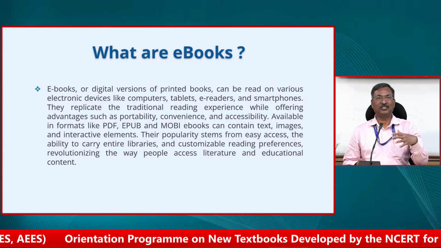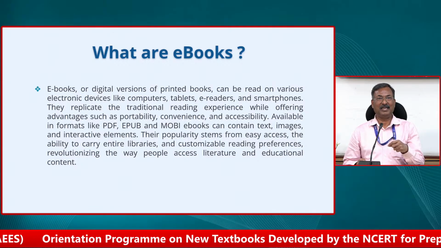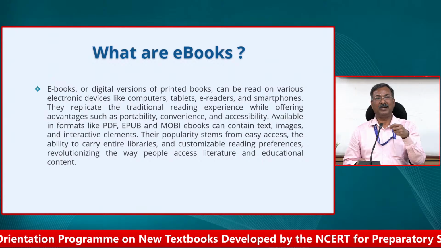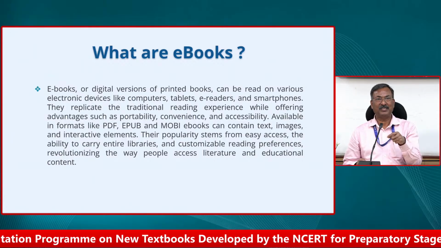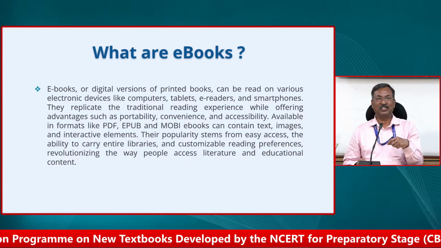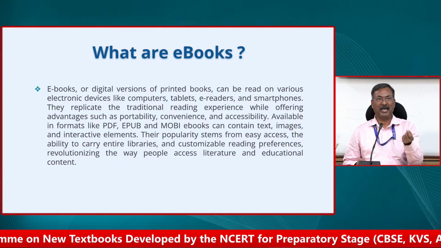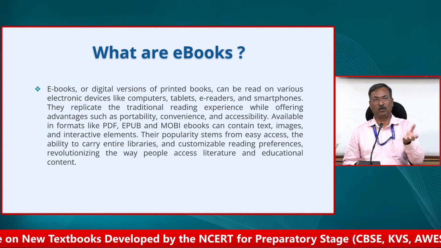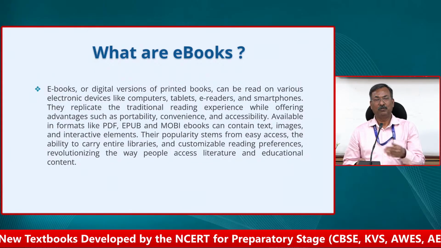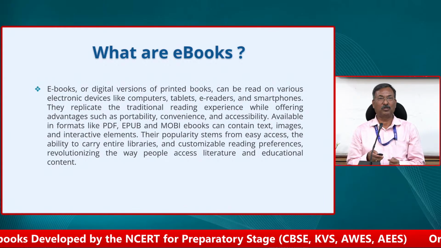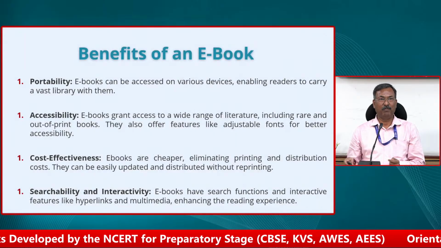On any such gadget we can see these books, and they can be defined further as PDFs, electronic publications, Mobi books, and also flip books, where pages turn like Amazon Kindle books that can be read as flip books.